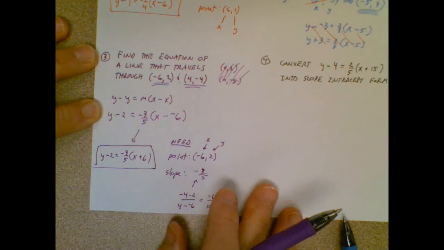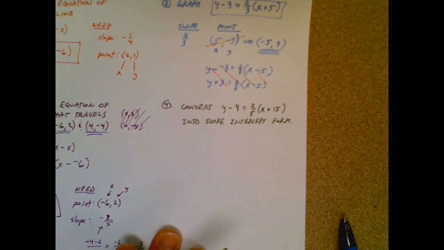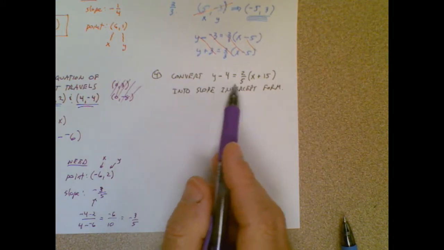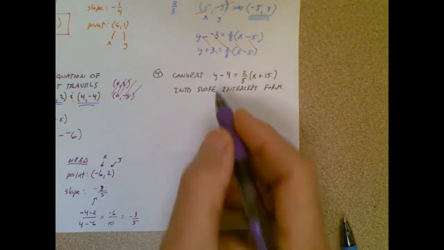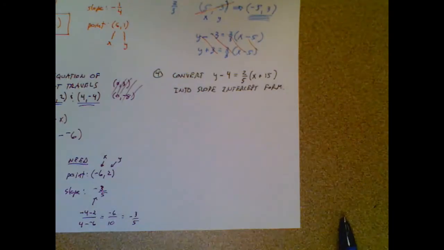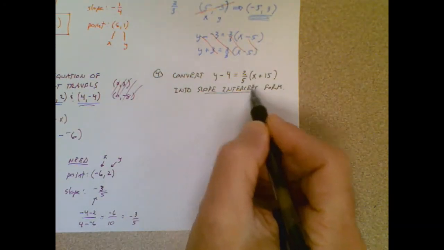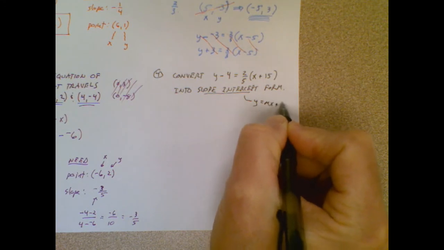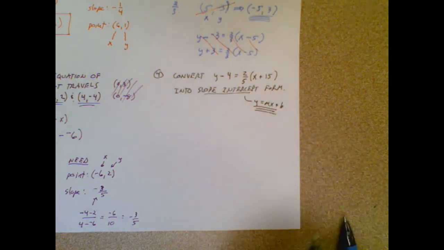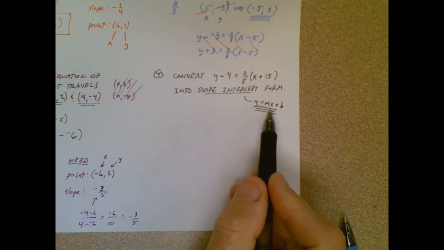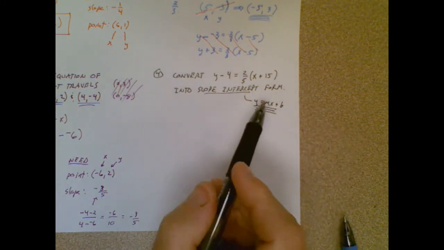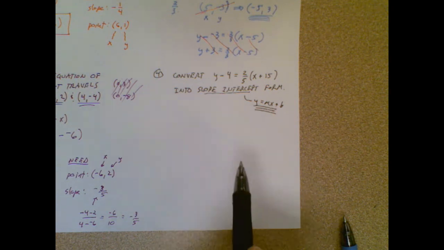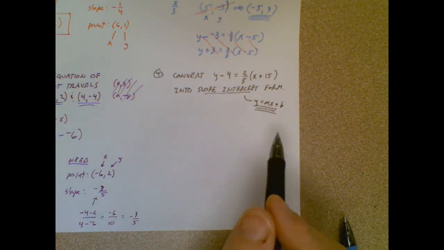All right, we've got one more. We have this equation. It's right now in point-slope form, but we want to convert it to slope-intercept form. And remember, slope-intercept form is y equals mx plus b. This is the most famous and probably the most useful form, so there's going to be plenty of times where you convert something else into y equals mx plus b slope-intercept form.